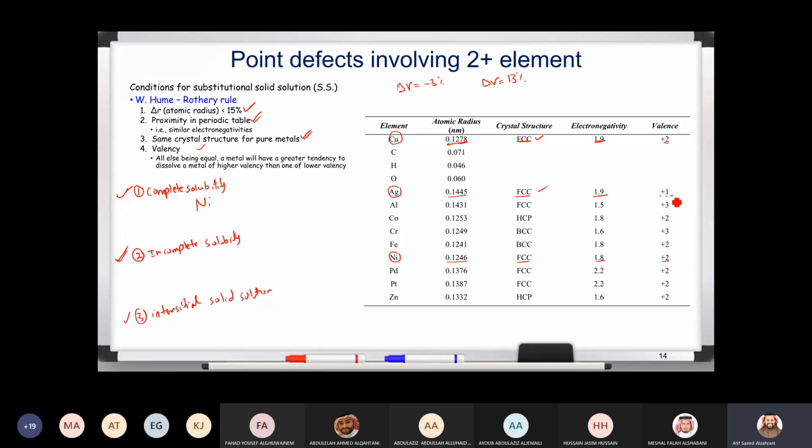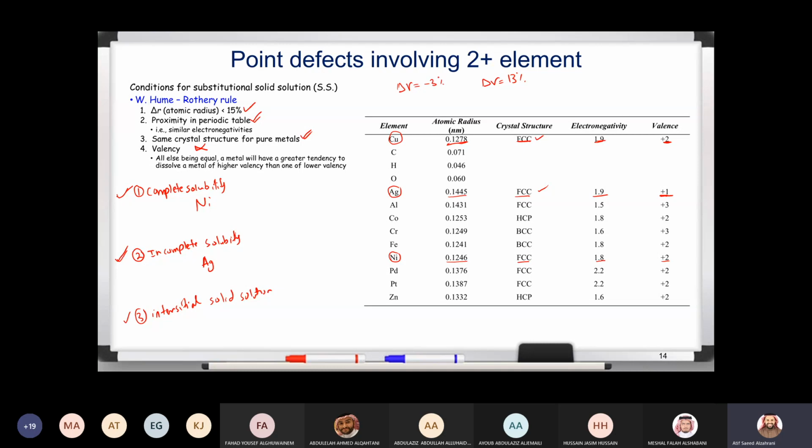Valency: here we have +1, here we have +2, so it does not check number 4, and that's why we said silver has incomplete solubility. We can add the silver up to a point and then we form another phase. So if you have different valency, and/or different crystal structure, and/or different electronegativities, and/or delta R greater than 15%, you will have incomplete solubility.